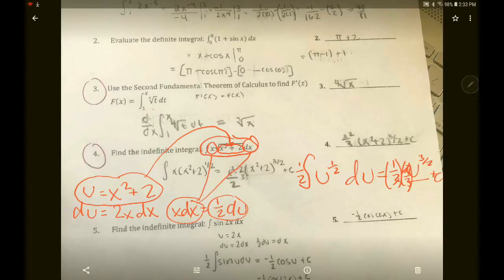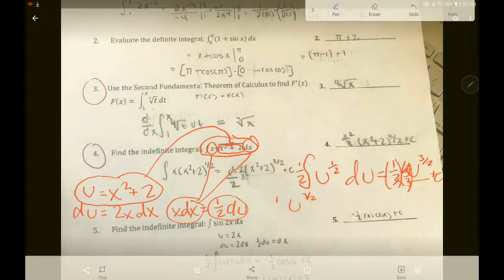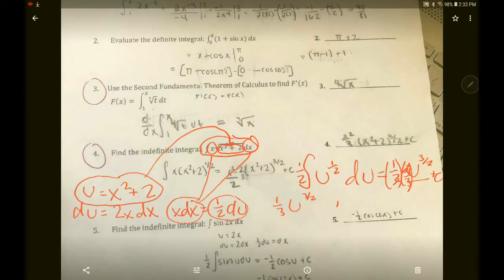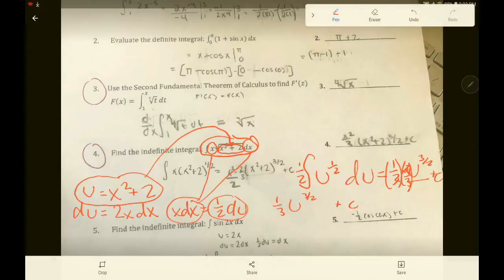So the 2's cancel out. So we have 1/3 u to the 3 halves, plus c. Now we substitute back in.